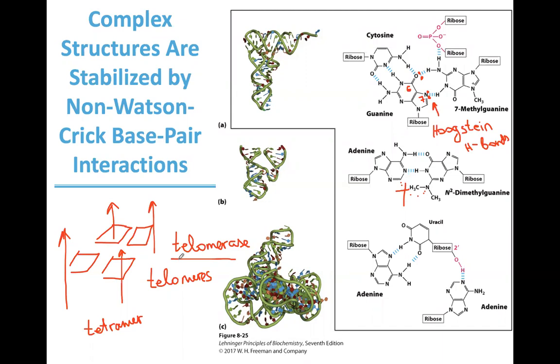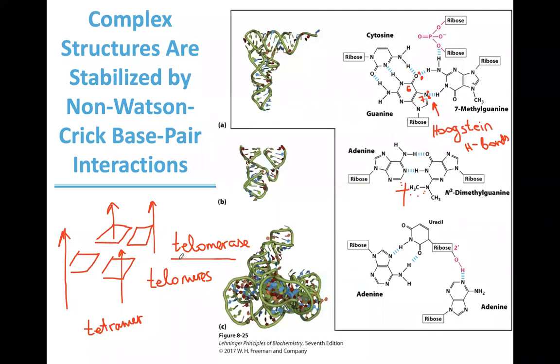So the cells will start growing, the cells will start dividing, they acquire the ability basically for uncontrolled cell division, right?